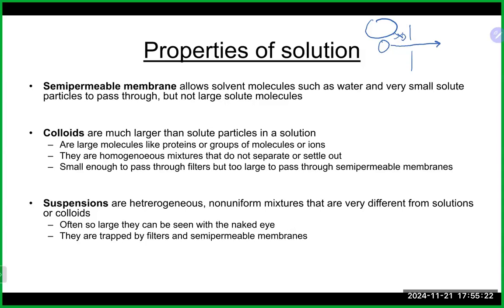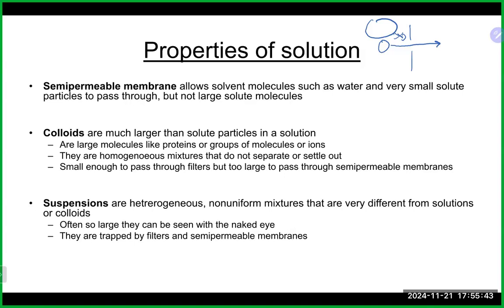When we talk about solutions, there are things known as colloids, and colloids are much larger than solute particles in a solution. These are large molecules like proteins that are grouped together, or groups of molecules or ions. Colloids are homogeneous, which means they all look the same throughout.